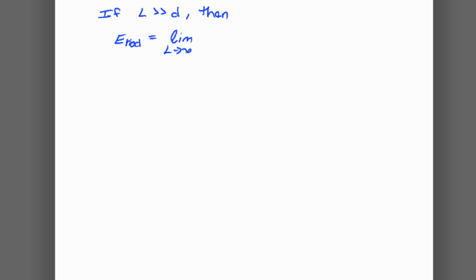So in this example, we basically need to take a limit as L goes to infinity of what we've already calculated. As L gets closer and closer to infinity, that means this L over 2 part is going to end up mattering. It's going to be so much larger than D squared that it's going to overtake that radical there.